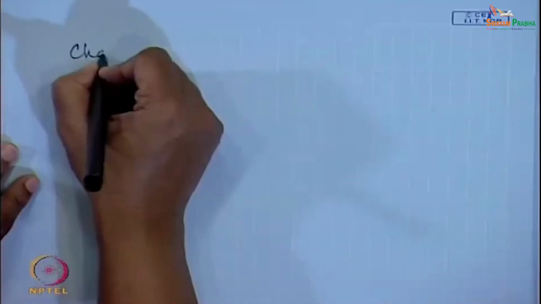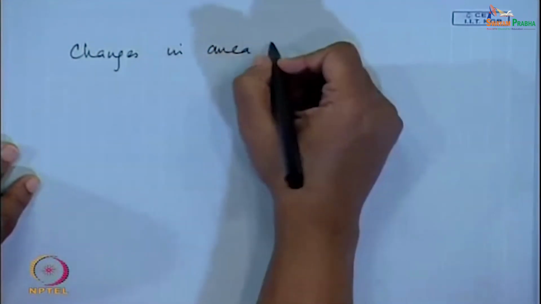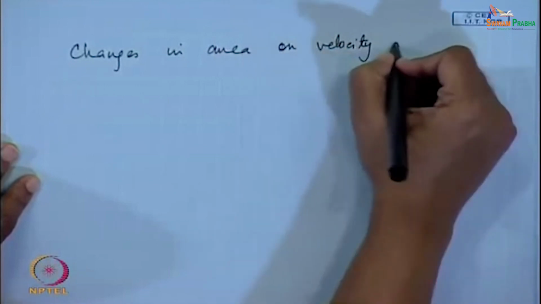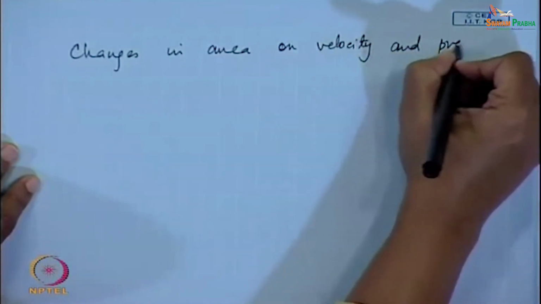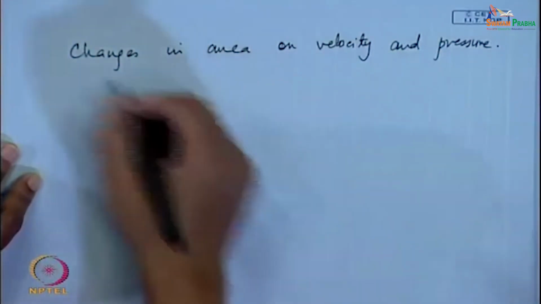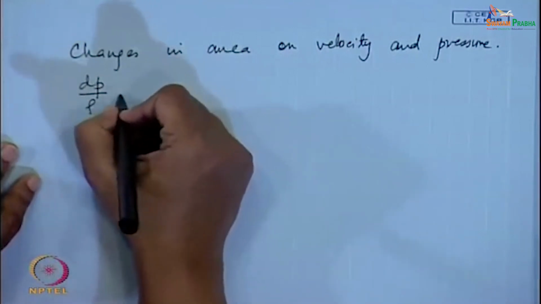Okay. Now, an area change changes the velocity and it changes the pressure as well.